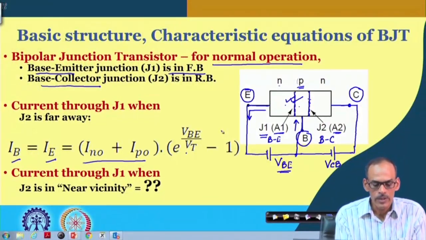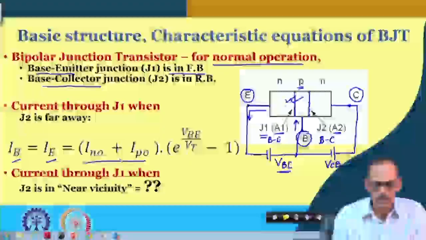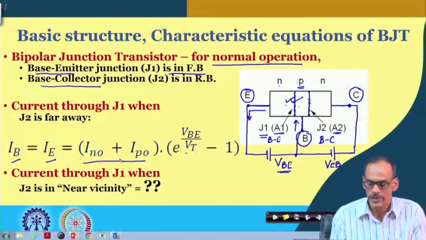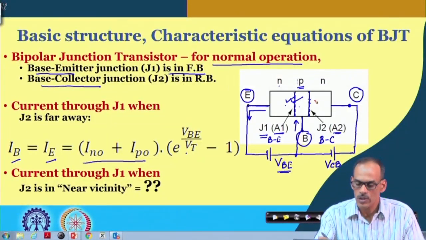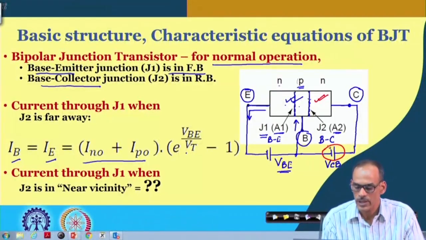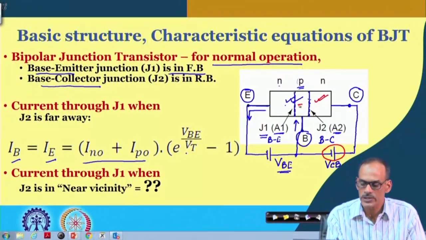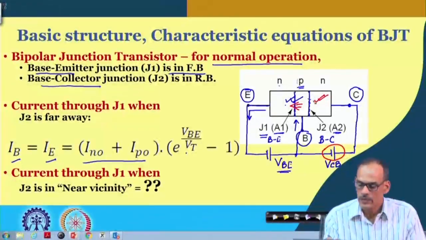In fact, this is true even if the junction is reverse biased. In other words, if we concentrate only on this junction and we are biasing it by this voltage, and this is away from the other junction, then because of this voltage the current may flow through this loop.